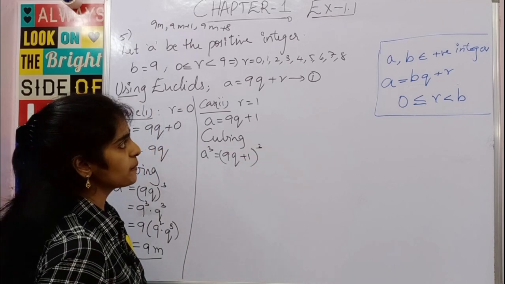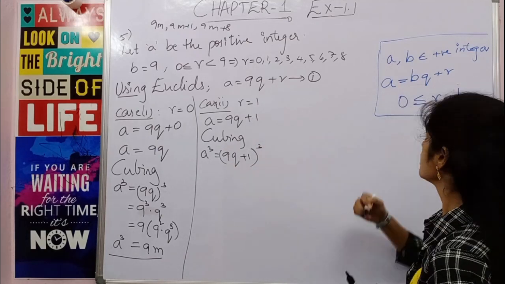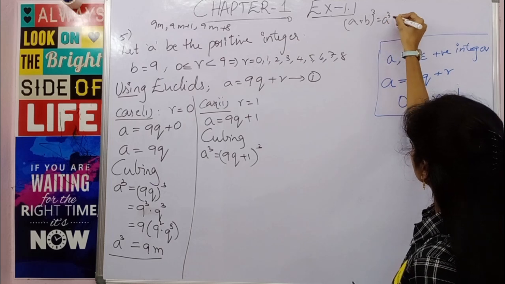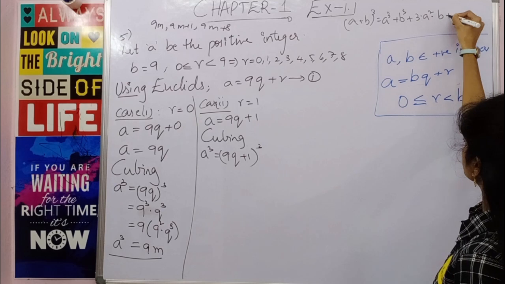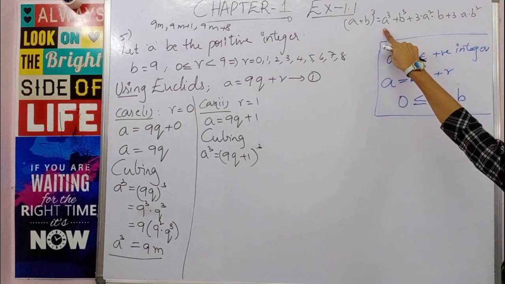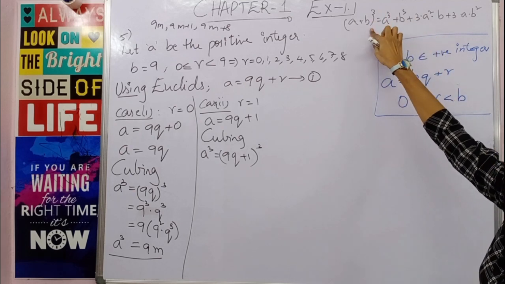Okay, so I hope you know the formula of (a + b) whole cube. This is of the form (a + b) whole cube. So (a + b) whole cube is nothing but a cube plus b cube plus 3a square b plus 3ab square. Okay, a cube plus b cube plus 3a square b plus 3ab square.